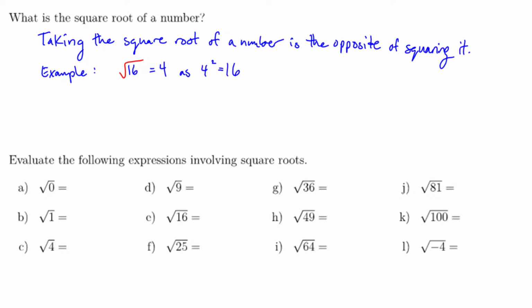Now, as we look at this, anytime we take the square root of a number and the number itself was a perfect square, we should get a positive integer as an answer. What this means then is that knowing which numbers are perfect squares will be really helpful.